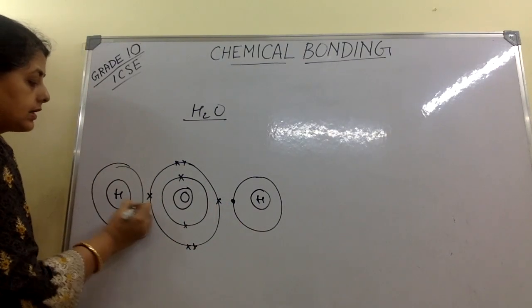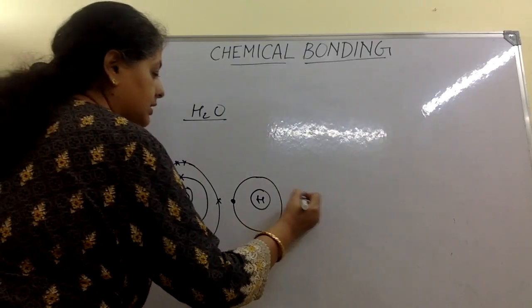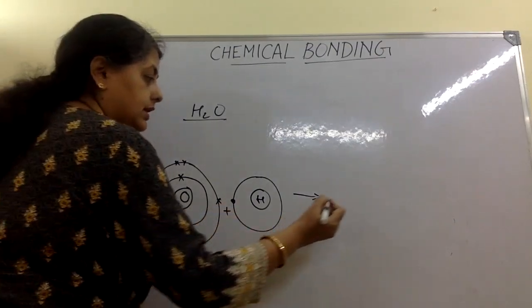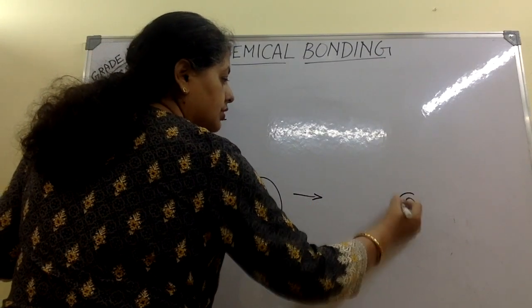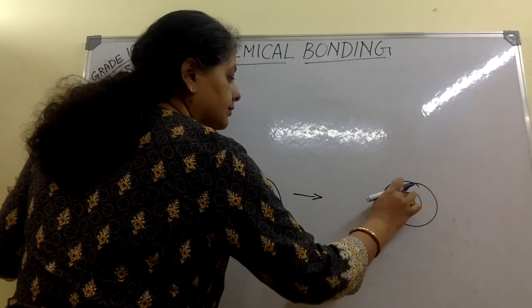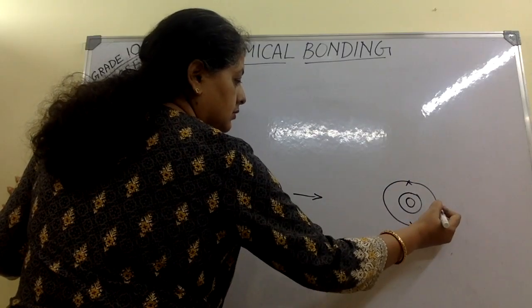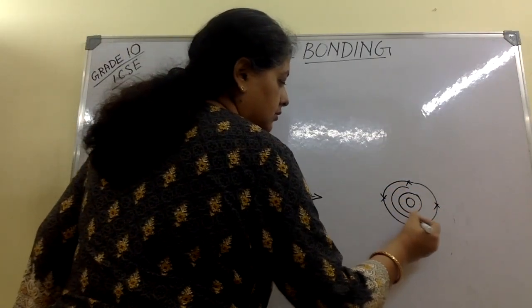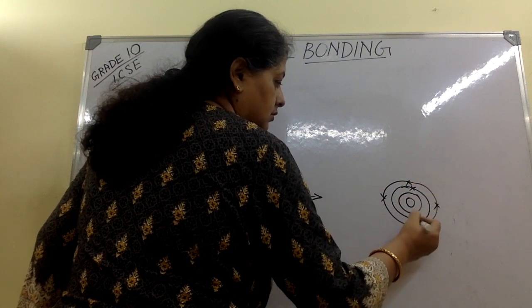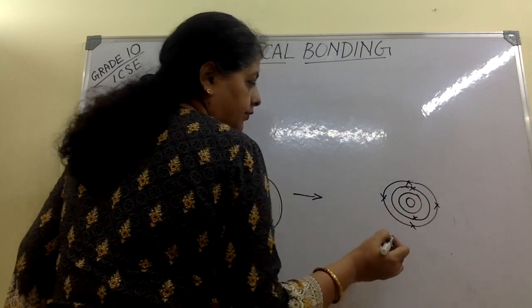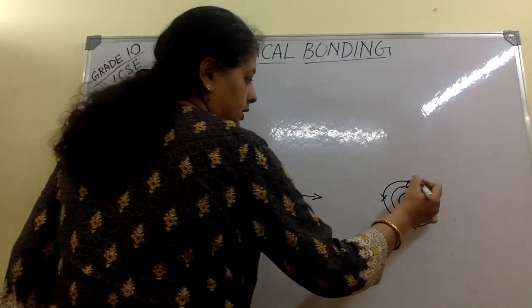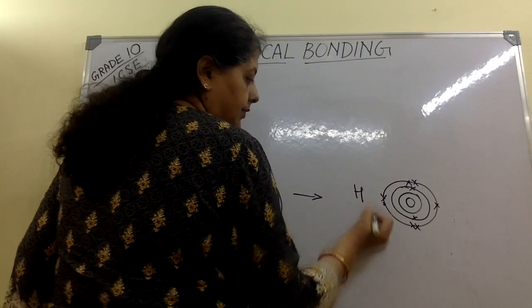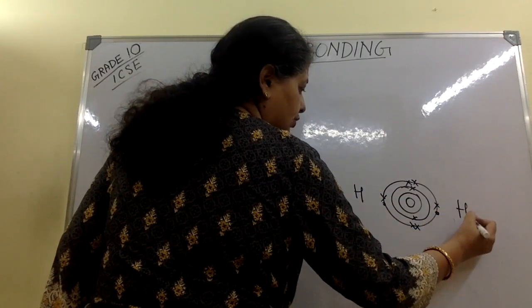Now what happens is when these combine, oxygen has 6 and hydrogen has 1 electron.